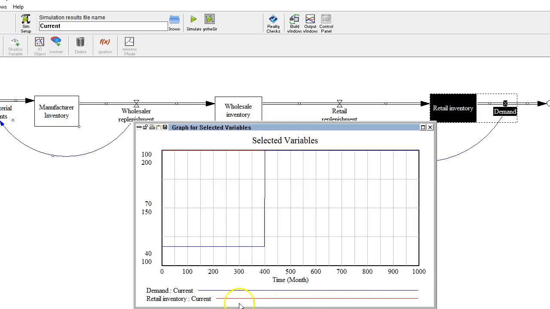What happened with the inventory at the retailer? It remained constant. Why? Well, it started with 100, and it remained at 100 because everything that was consumed was immediately communicated from the retailer to the wholesaler, and the wholesaler replaced the inventory at the retailer, and therefore everything looks very smooth.